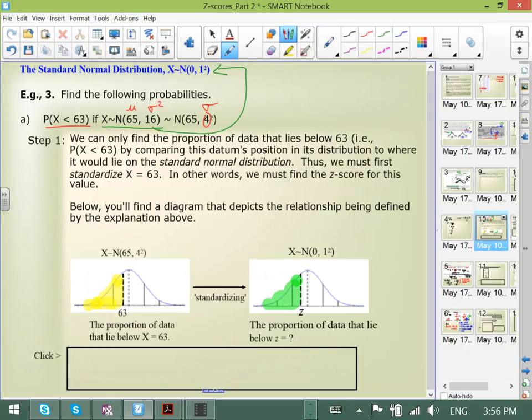So let's do this. Let's find the z-score for x equals 63, and we have a diagram below that depicts that. You can see it here with the area to the left of 63.